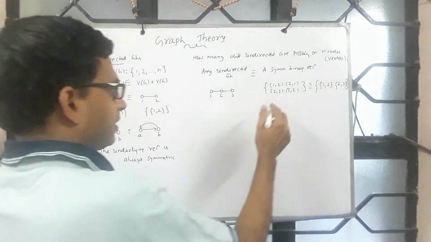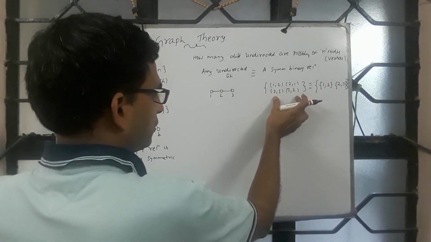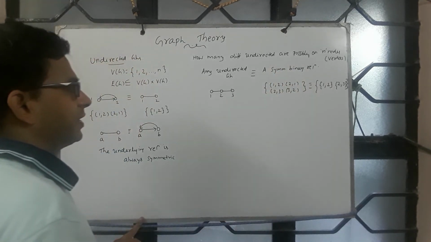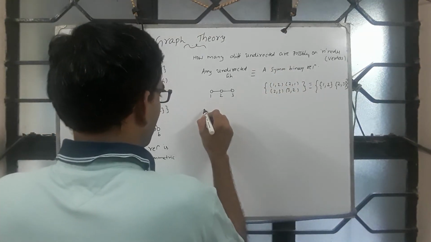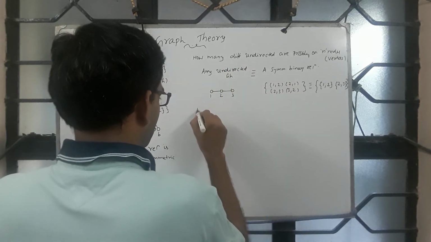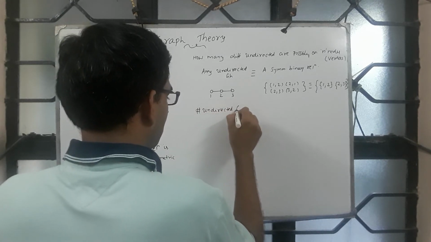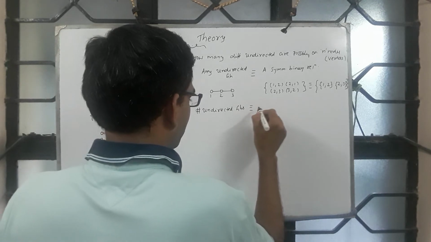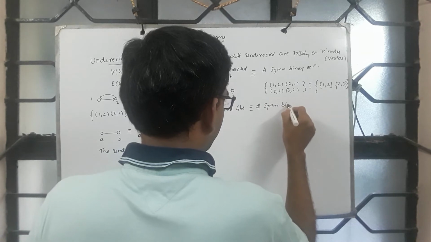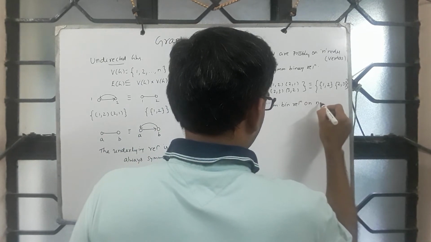But this one is a subset of the cross product V of G cross V of G. So this notation comes, which means you can see that the underlying relation is symmetric. Therefore, counting this is equivalent to counting this. So the number of undirected graphs is equivalent to counting the number of symmetric binary relations on n nodes.